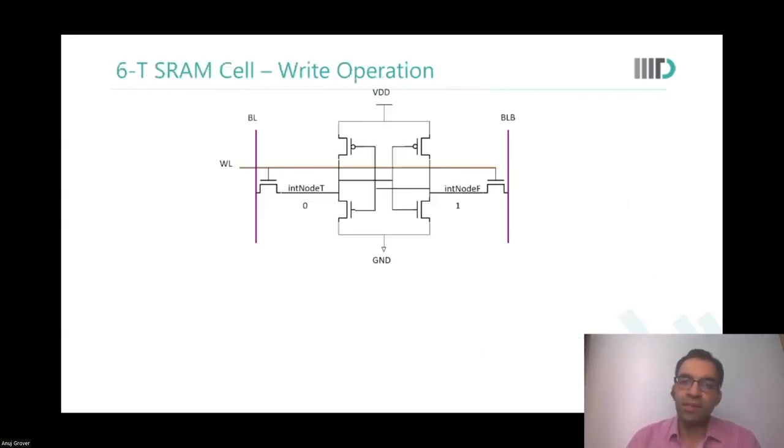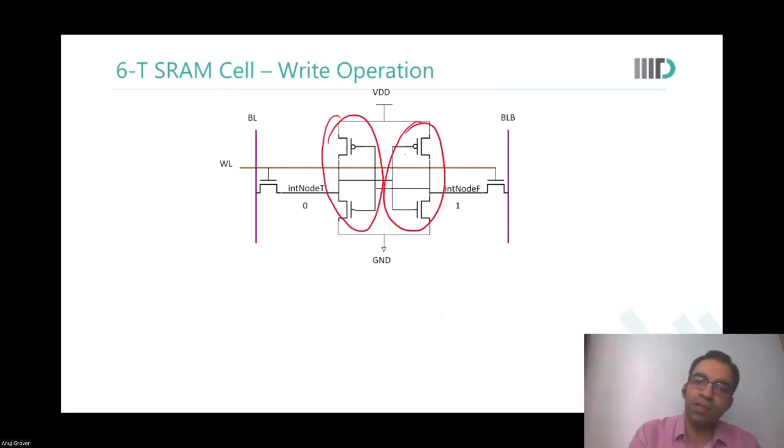So this is the 6T memory cell, 6T SRAM cell. And let me explain the write operation to you. So this is a latch. This is one inverter. This is another inverter. So this, in those terms, is a latch.